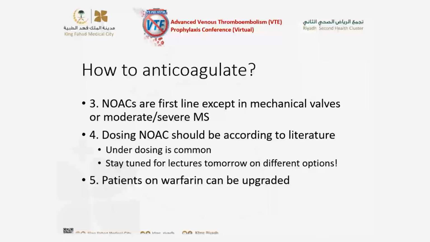When you go down with the doses, we really don't know how well they are going to behave. Tomorrow we're going to hear about different options, and I think Dr. Fadl is also addressing the issue of DOACs in patients with chronic kidney disease or renal failure, and I look forward to this talk.